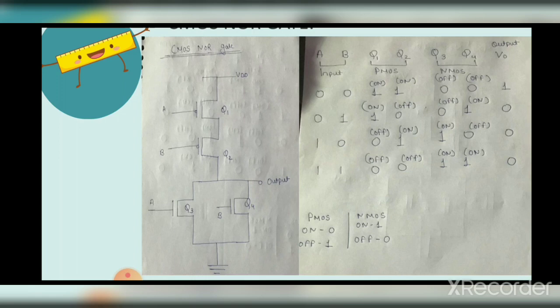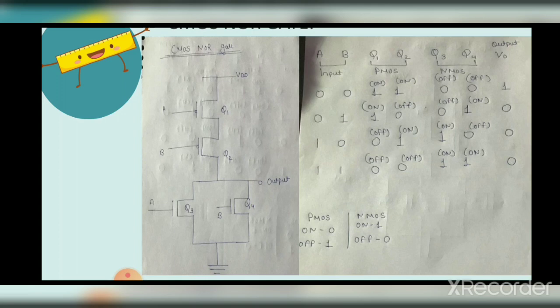In the next case, when both inputs are high, which means A is high and B is high, Q1 and Q2 are off as PMOS is on for low voltage. Both NMOS Q3 and Q4 get on, and Q3 and Q4 are short circuited. As you can see, you can match with the diagram.